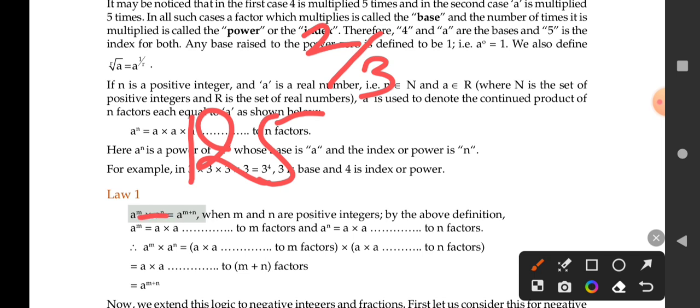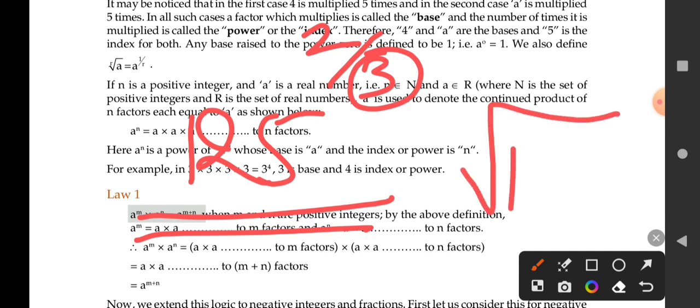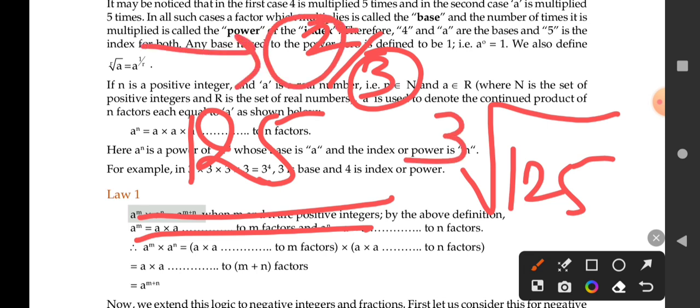If you are given 125 raised to 2 by 3, how will you write the 3 part? You will write it as cube root of 125, correct? And the 2 part you're going to write as a square. So it means square the cube root of 125.